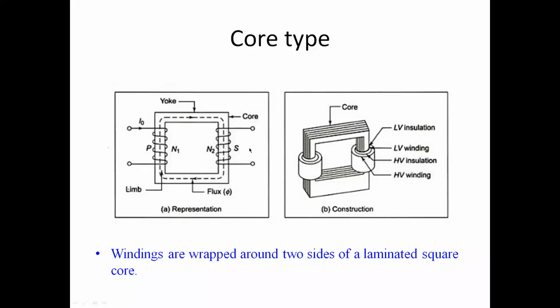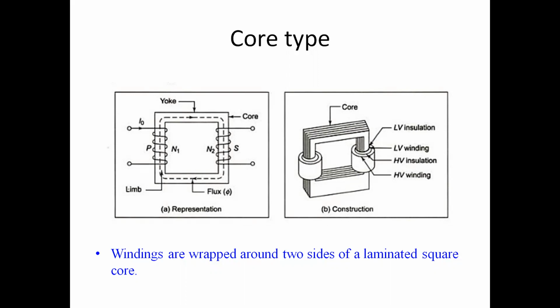But it is not like that. Physically, first we put half of the LV on one limb and half on the other limb. Then over this LV, we put half of the HV on one side and half of the HV on the other side.